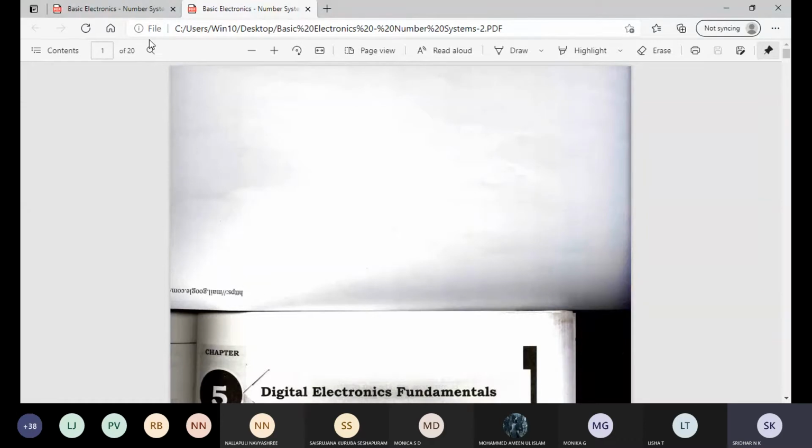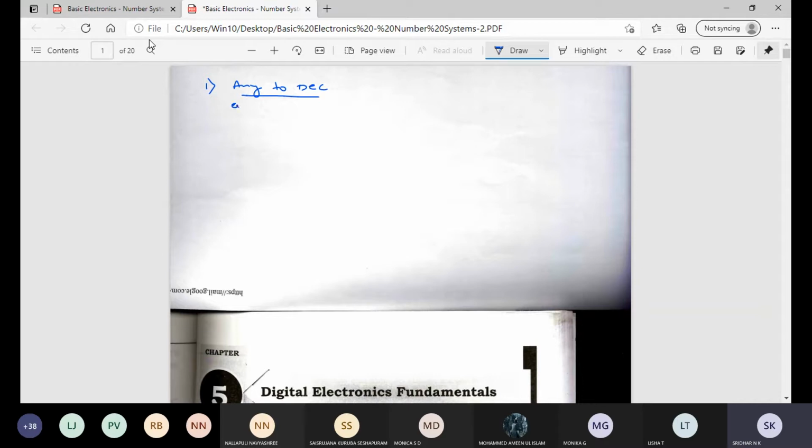So, in yesterday's class, just to brief out what we have done, we have seen first type of conversion, that is any number system to decimal, correct? Any number system to decimal. In this, we have seen three types of conversions.